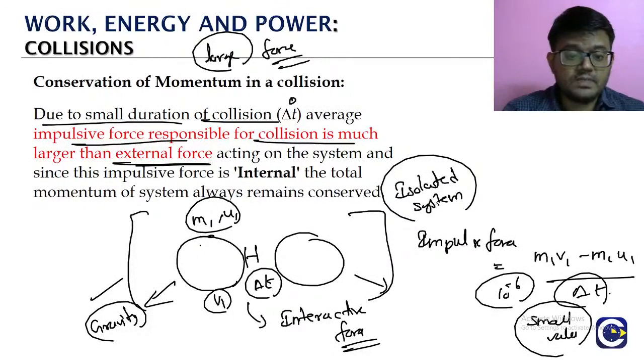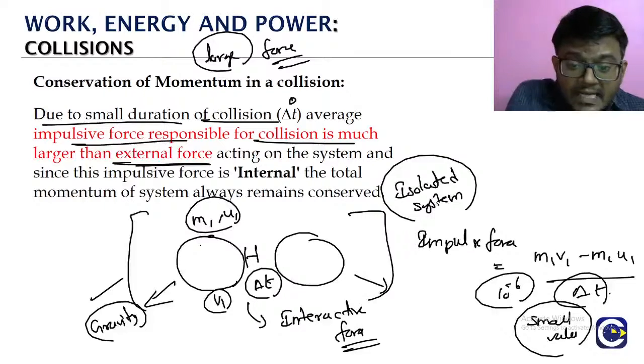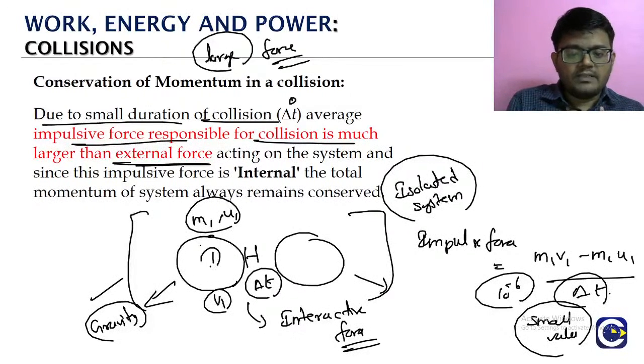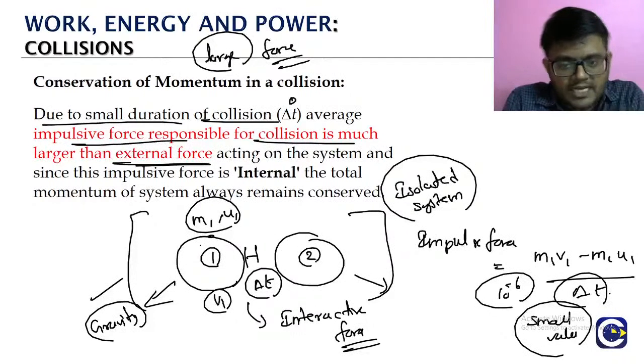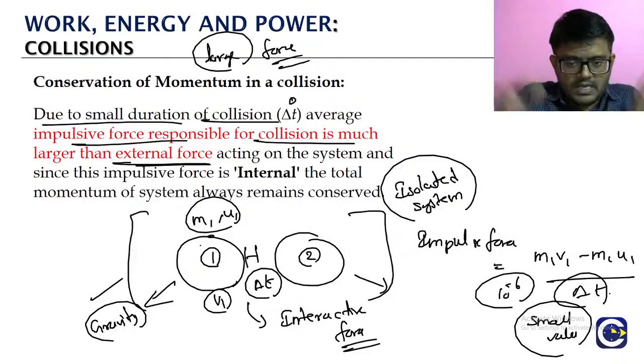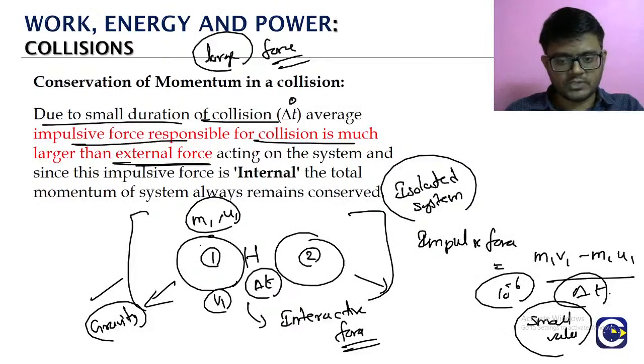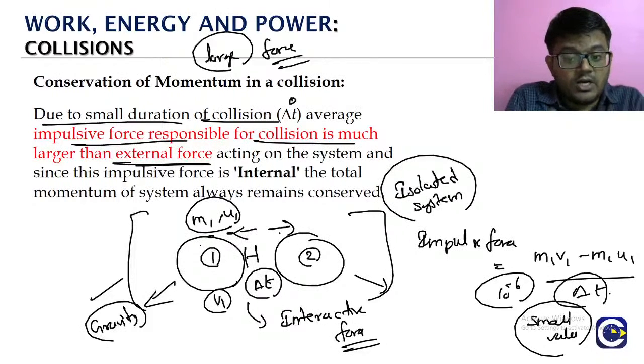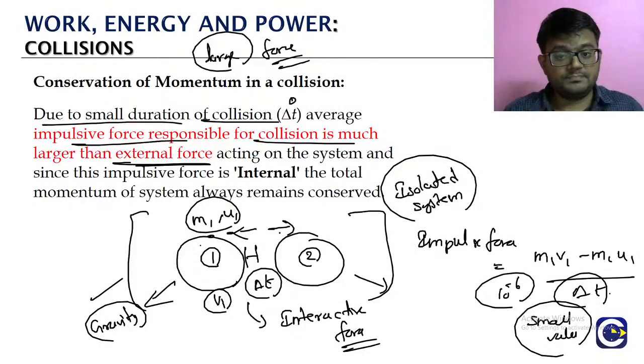Now look at this interactive force. The force acting on object 1 is because of object 2, so other than object 2 there is nothing else. And a similar force will also act on object 2 because of object 1.